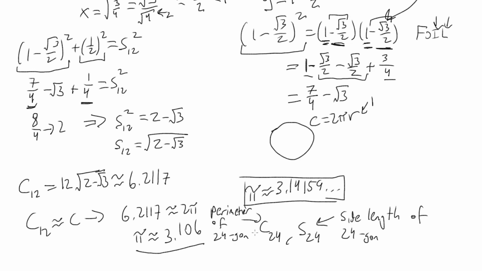Archimedes himself applied this up to 96 sides. So he went from 6 sides to 12 sides to 24 to 48 to 96. So he just kept doubling the number of sides every time by taking the previous triangle, splitting it in two, and then finding these new edge lengths. And you get to double the number of sides every time.